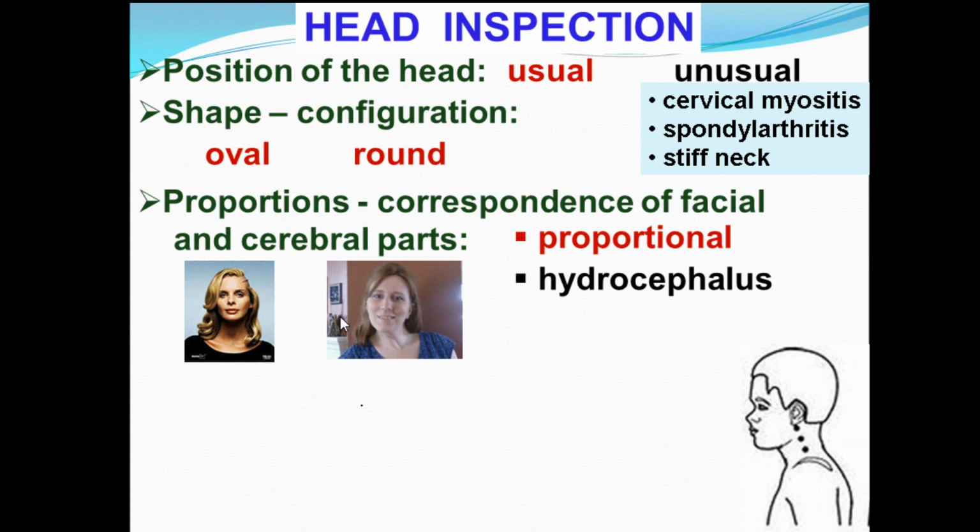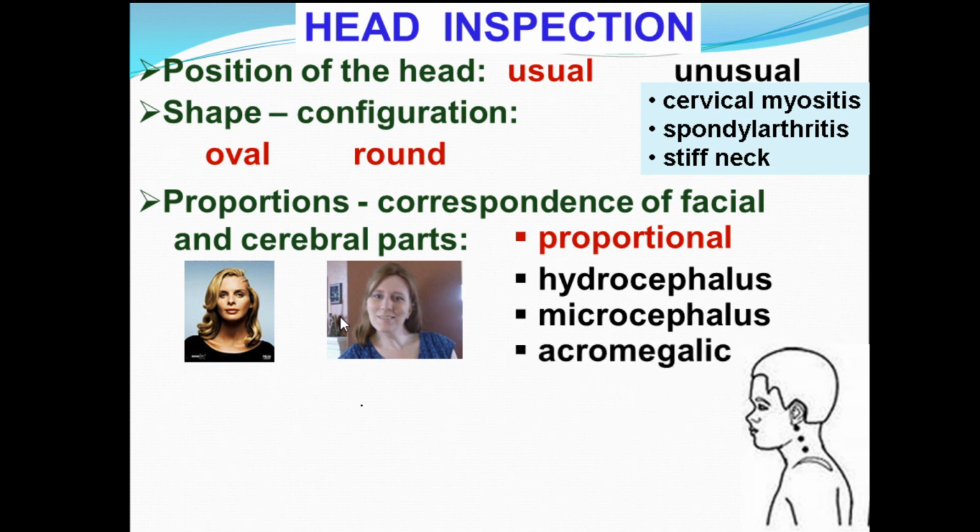But if the cerebral part prevails, usually it is the result of hydrocephalus, or opposite, small cerebral part, microcephalus. Prevalence of the facial part is acromegaly.